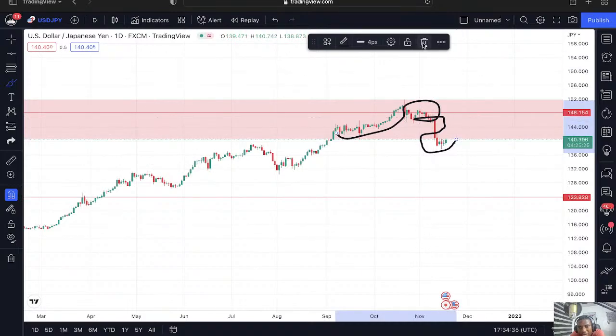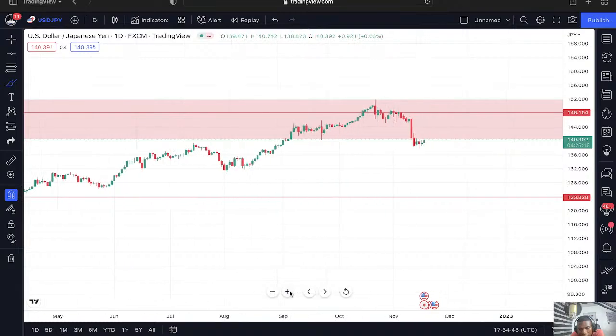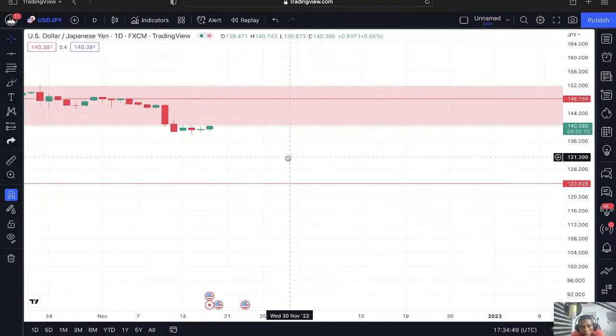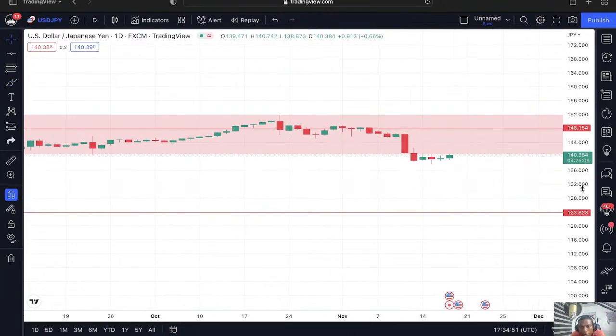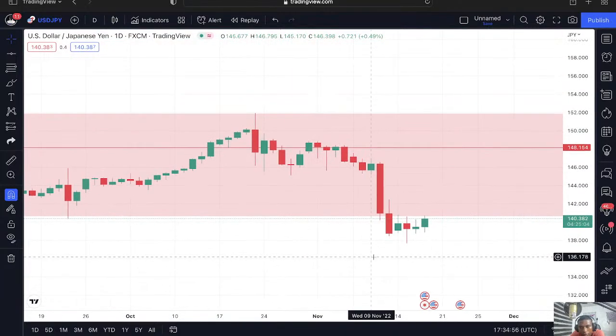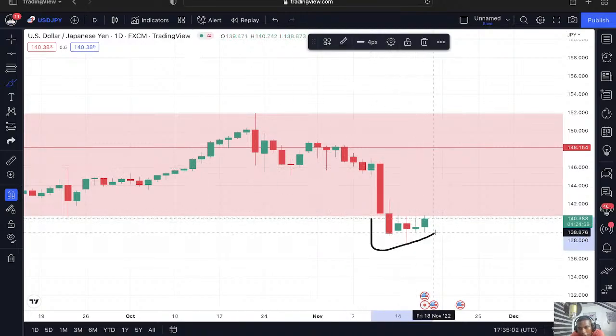Price is ranging here. Let me zoom in so that we can see it clearly. This is what price is doing here.